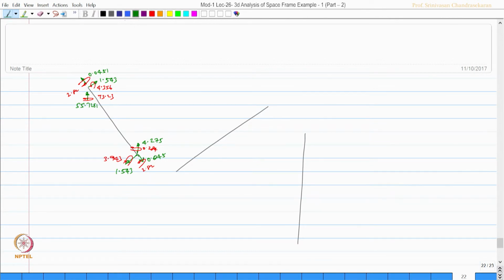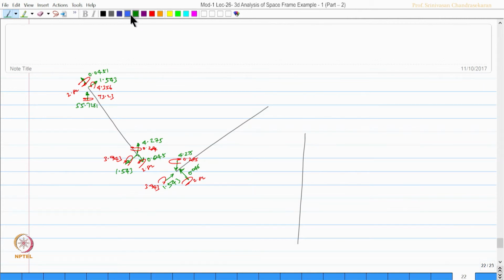Let us do for the member BC. This is 1.543, okay, and this is down 4.275 and this is this way 0.045 and then the moments, this is 2.82, this is 0.285 and this is 3.943.